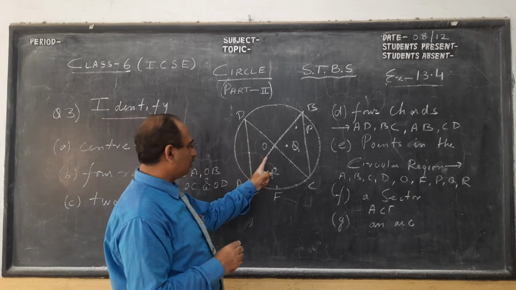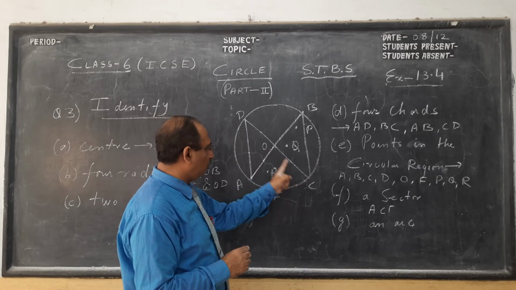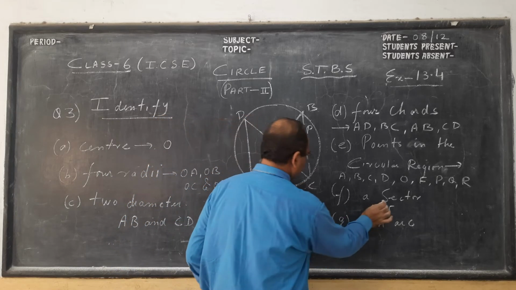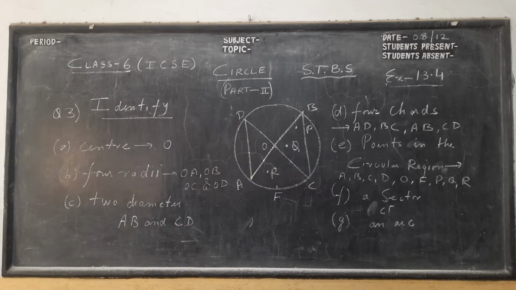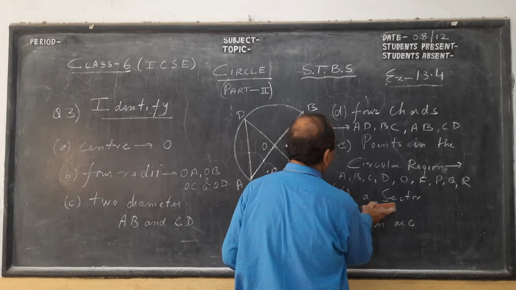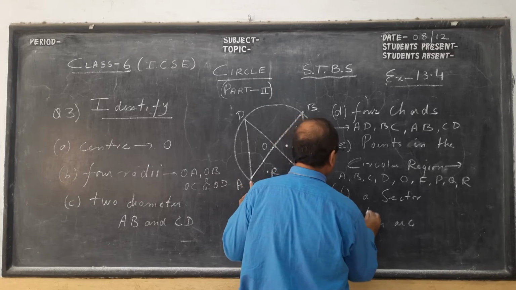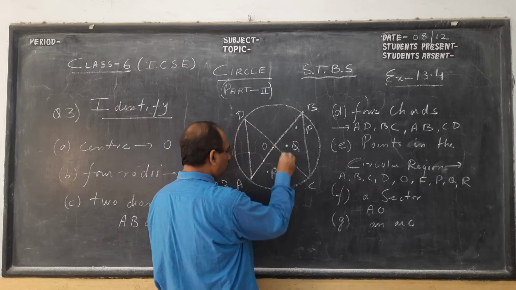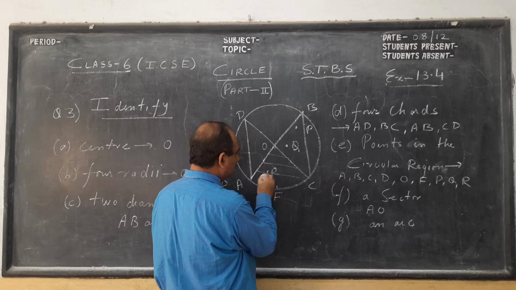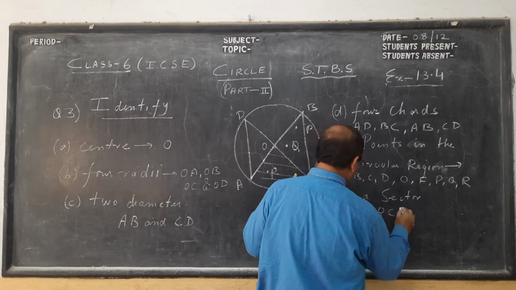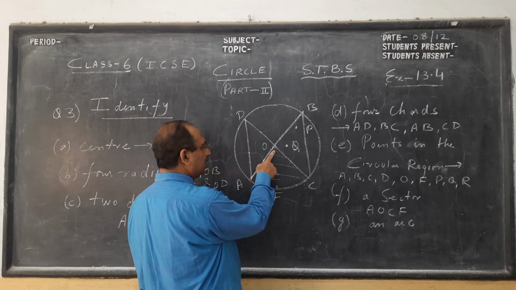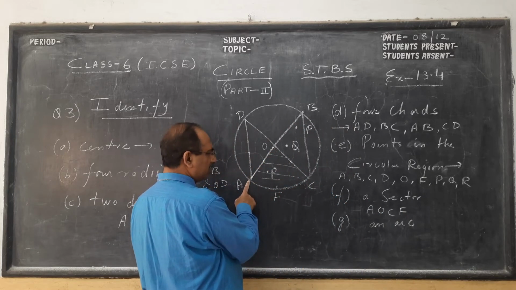So we can call it AOCF or OCFA. AOCF, this full region. AOCF means this region also we take. You could have started with OCFA, but better to start from here.